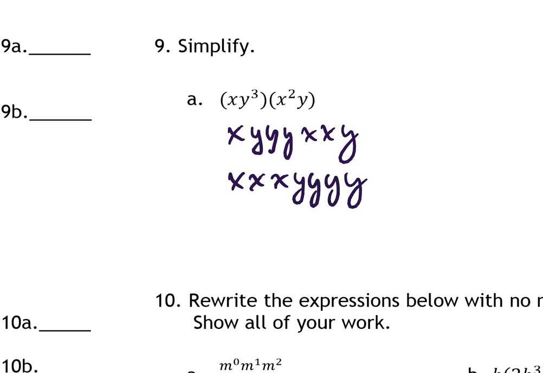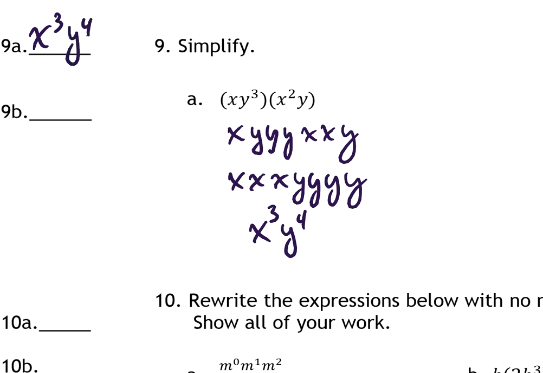So you can see there I've got everything. Now, that's kind of an awkward way to write this. So what we do is we use exponential notation, or exponent notation. So I'm going to write a base of x with 3 of those factors, and a base of y with 4 of those factors. So that's my answer, x to the 3rd, y to the 4th.